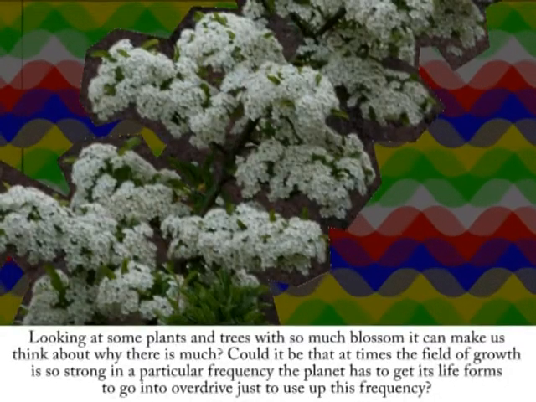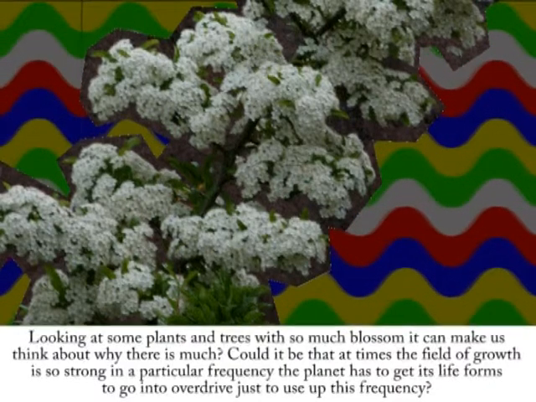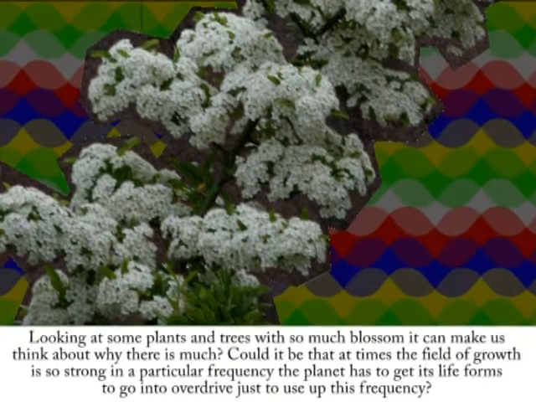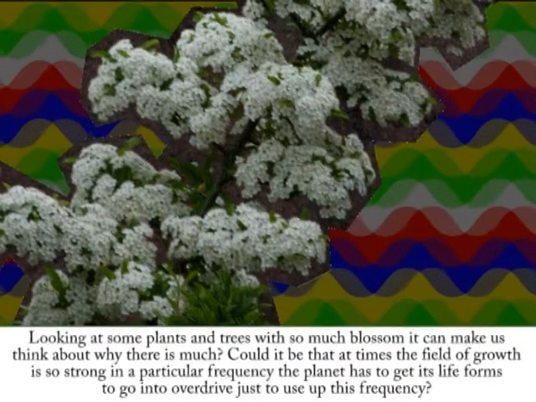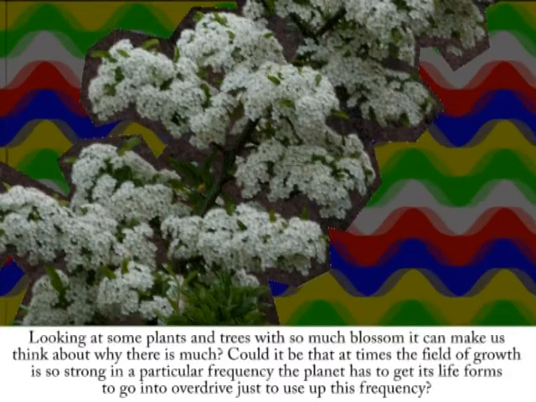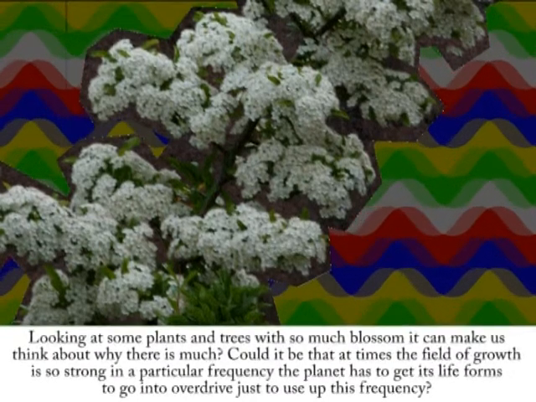Looking at some plants and trees with so much blossom, it can make us think about why there is so much. Could it be that the field of growth is so strong in a particular frequency that the planet has to get its life forms to go into overdrive just to use up the frequency?